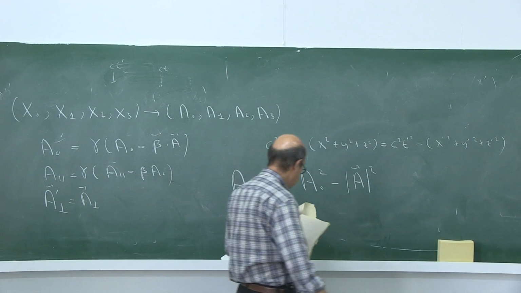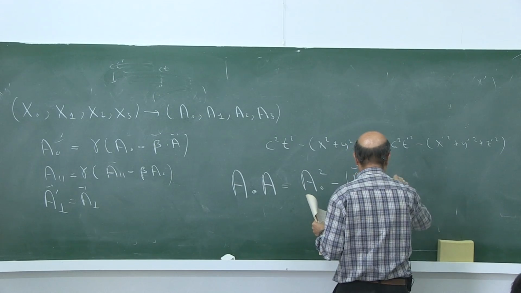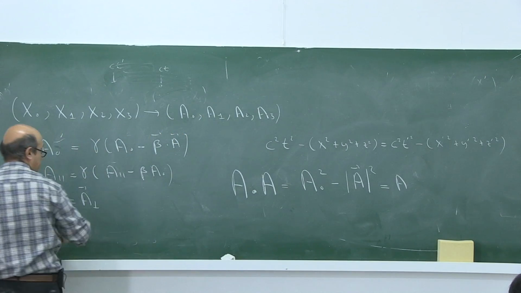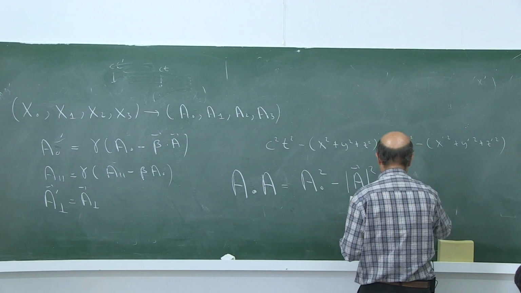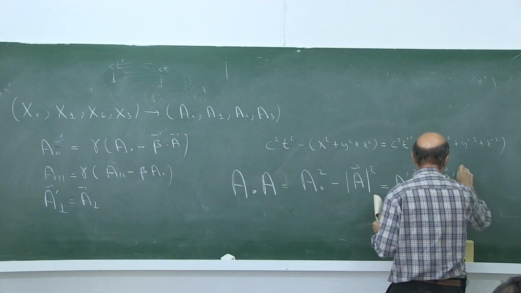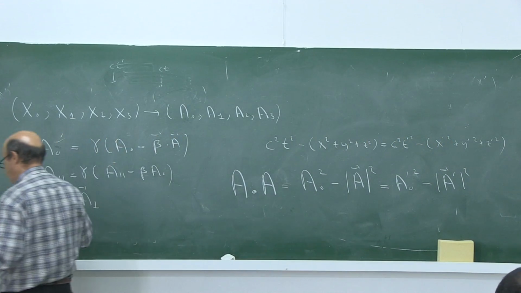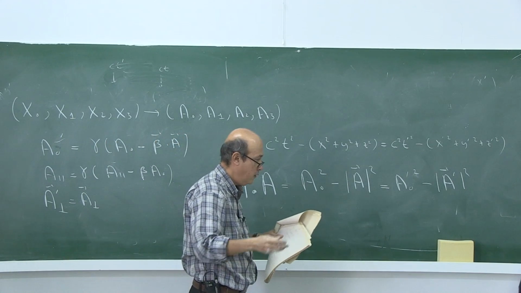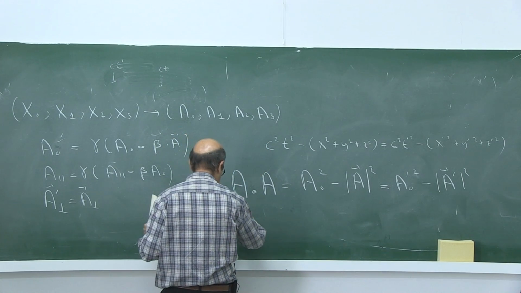In any Lorentz frame, that length doesn't change. So if you apply a Lorentz transformation to here, and look at that length, it will be the same: A0 prime square minus A prime square. So this is the scalar product of the four vector by itself.